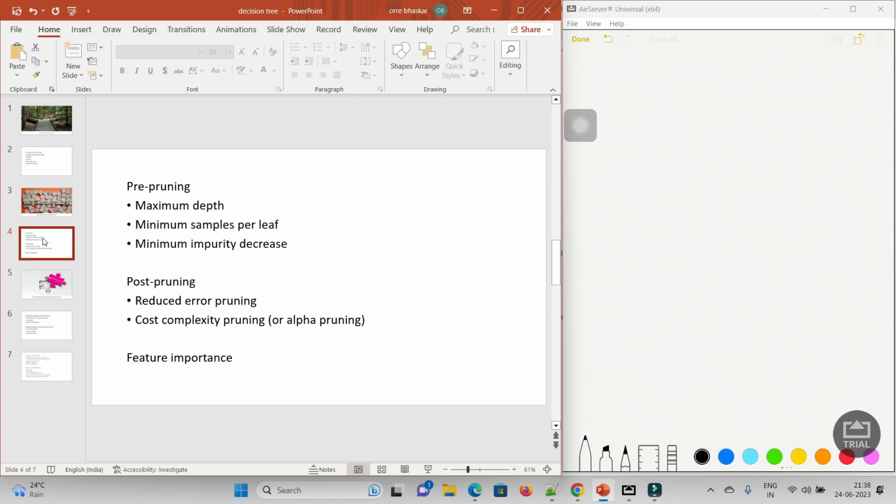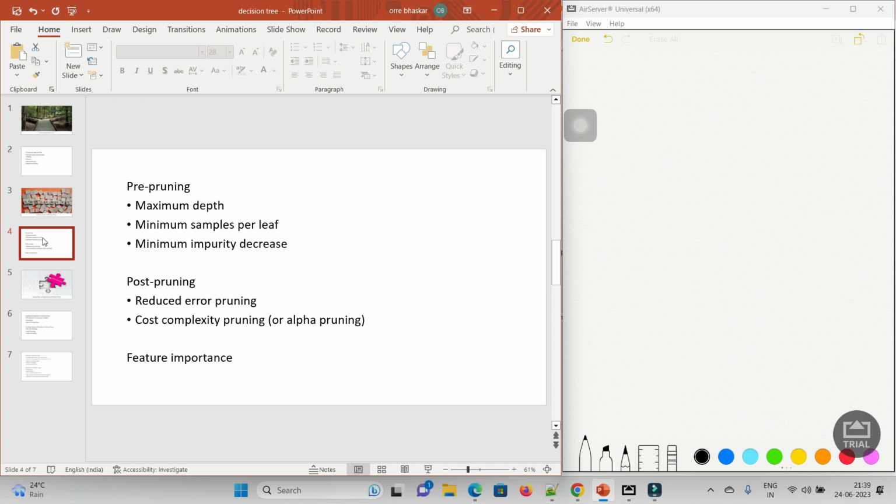Post-pruning helps simplify the decision tree by removing unnecessary branches and nodes that may be specific to training data and do not generalize well to unseen data. Both pre-pruning and post-pruning techniques are used to optimize decision trees and strike a balance between overfitting and underfitting. The choice between them depends on the specific dataset, available resources, and the desired trade-off between model complexity and performance.